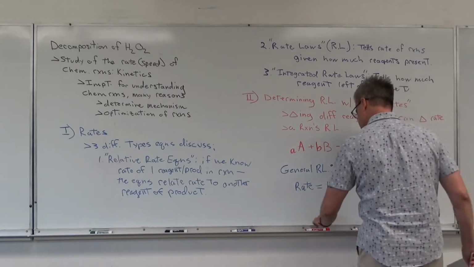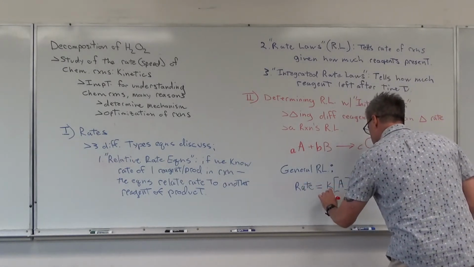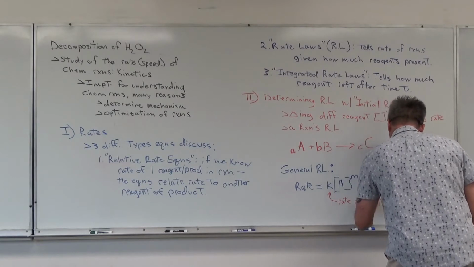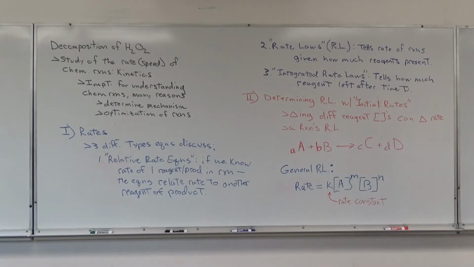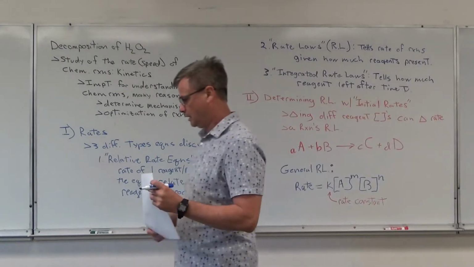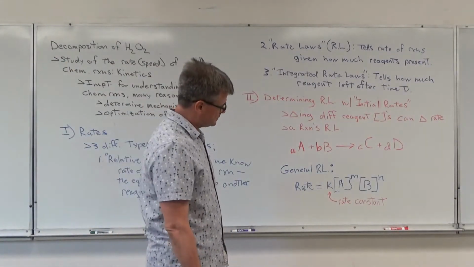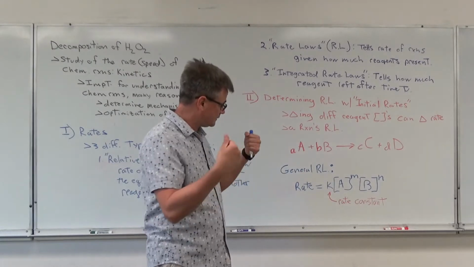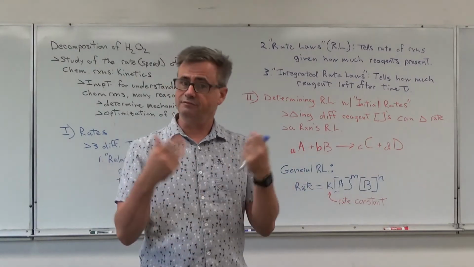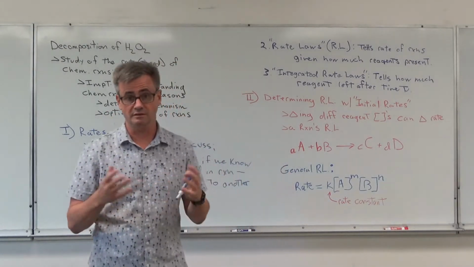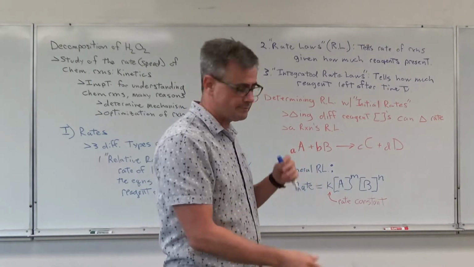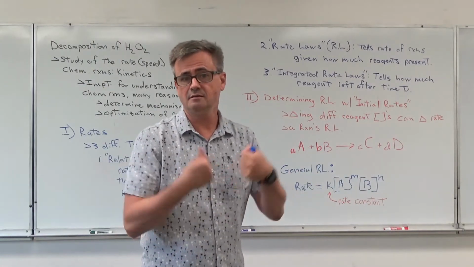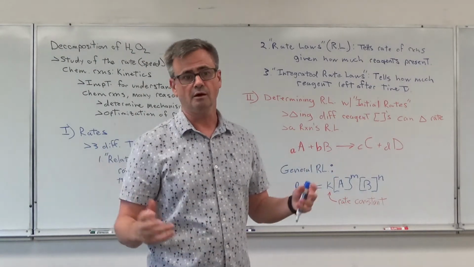k is the rate constant. If you have a high rate constant, then most of the collisions will make the process happen.